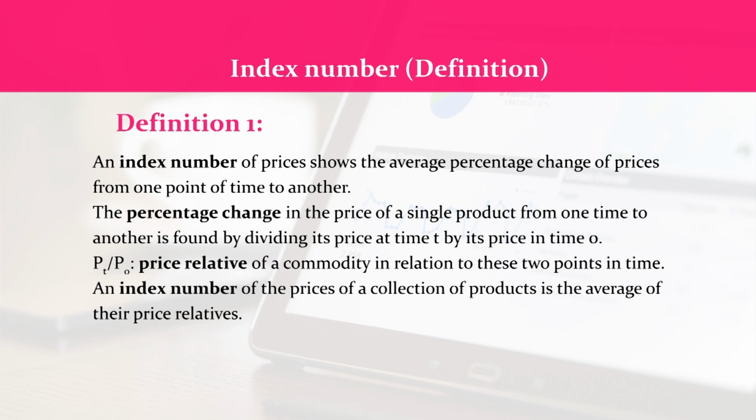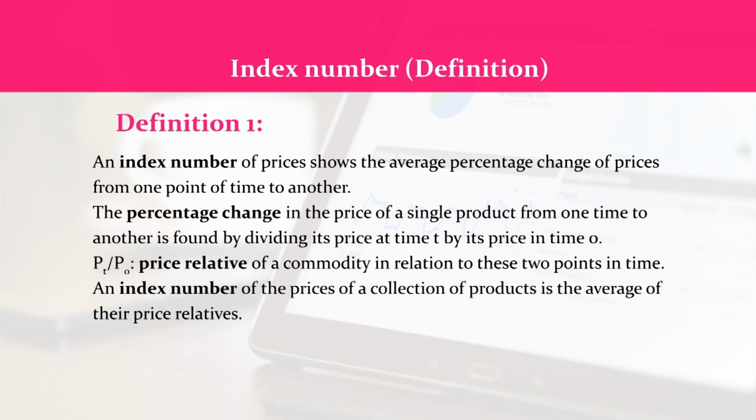The percent change in the price of a single product from one time to another is found by dividing its price at time t by its price at time 0. So if we denote the price percentage change with p, it comes to Pt divided by P0.